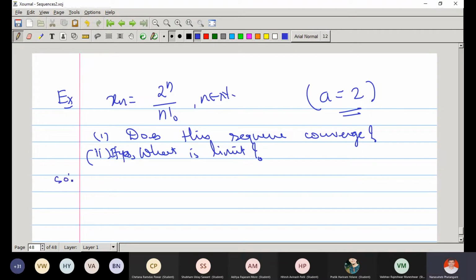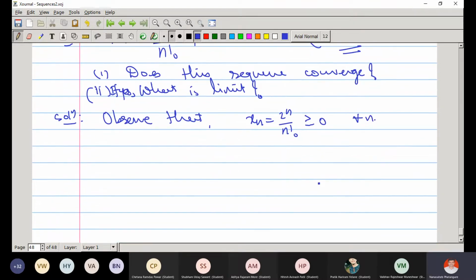So first observation for this sequence: xn, 2 raised to n upon n factorial, is greater than or equal to 0 for all n. Is it correct? Yes, sir. So each term is greater than or equal to 0. Next, what is the second observation? What is xn plus 1?